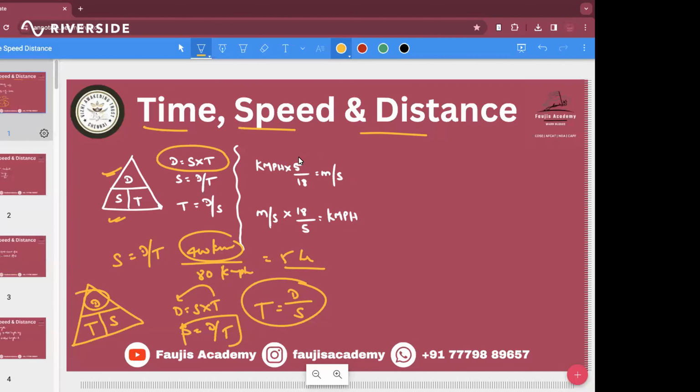So 72 kmph means 72 kilometer per hour, and 72 kilometer means how much? 72,000 meters. Hours, 1 hour, that means 60 minutes, that means into 60 seconds.